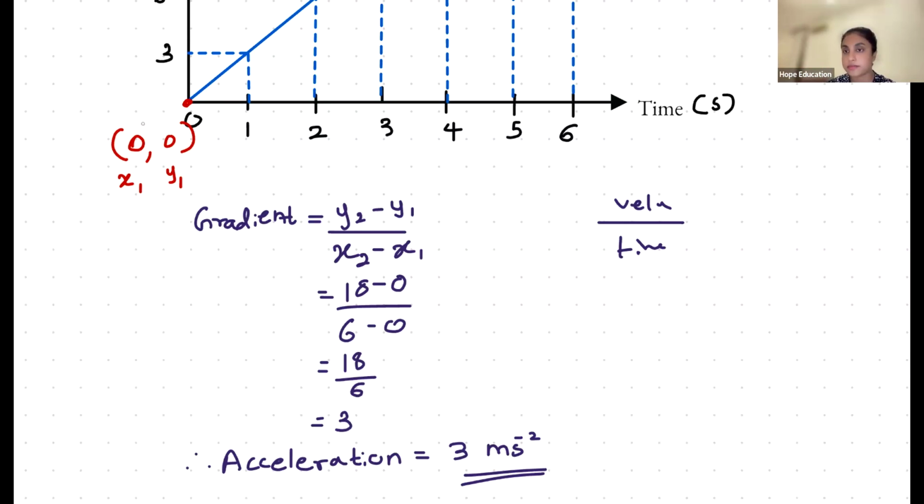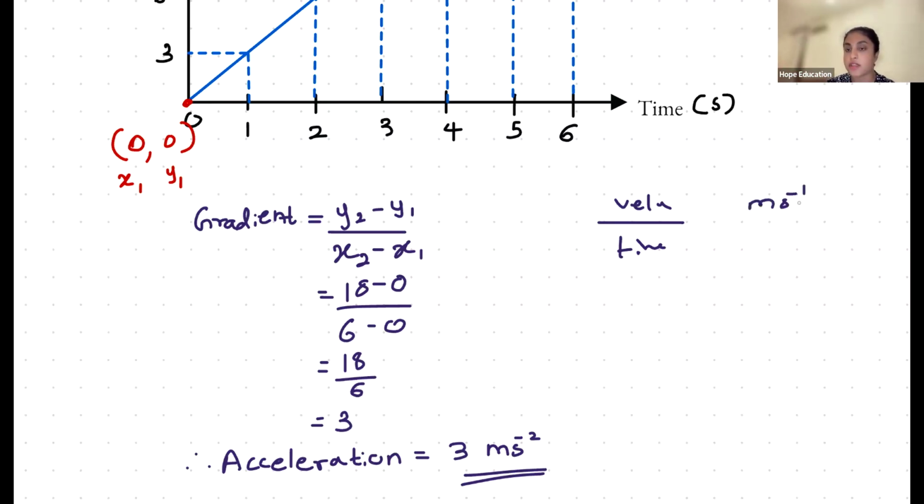Okay, Sasheli? So they all come together, right? Final velocity and initial velocity, they all come together to make one. Not exactly together, but final velocity minus initial velocity, you get a certain velocity. So velocity is ms minus 1 divided by time in seconds.